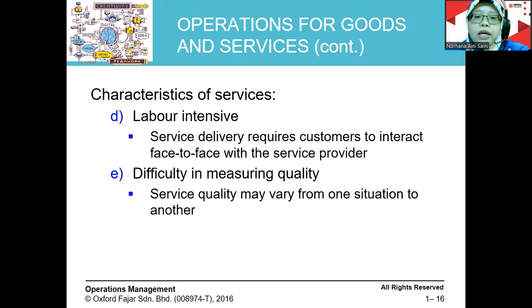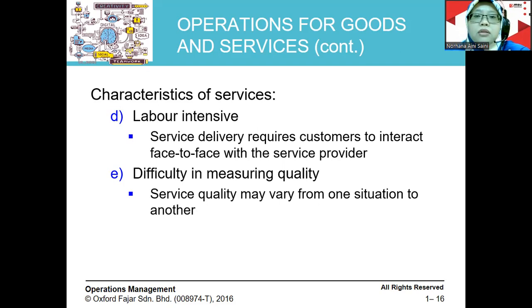And the last one is difficulty in measuring quality. Service quality may vary from one situation to another, because we cannot have a standardized quality of the product. For the services, some of the customers are really satisfied with that kind of service. Some of them will not be.